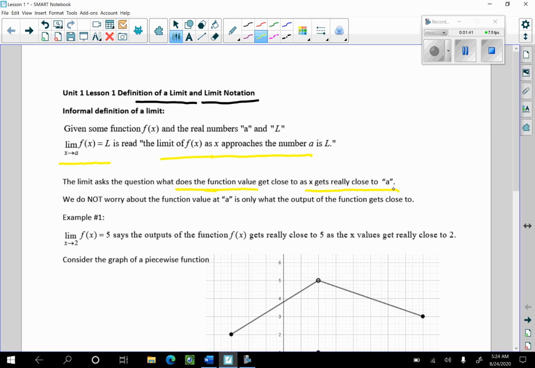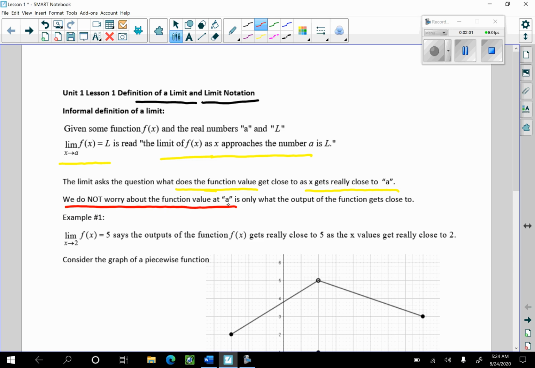And the key about limits, which is difficult for first-year calculus students, is to understand that we don't worry about what the function value at a is. Only what the output of the function gets close to, only what the function values get close to.